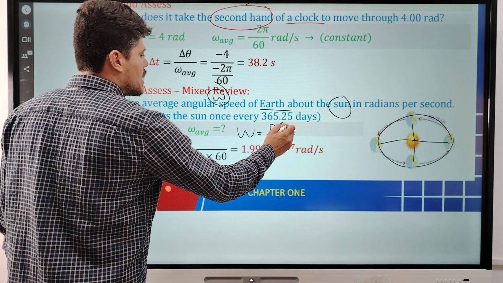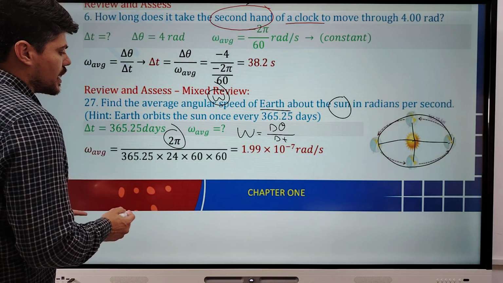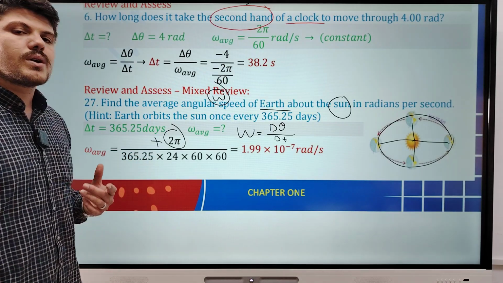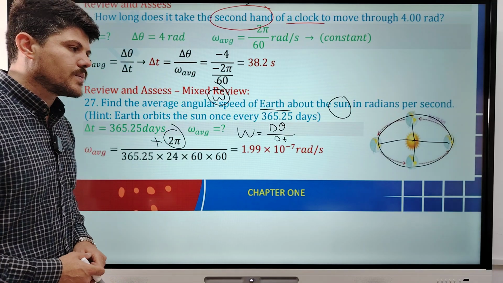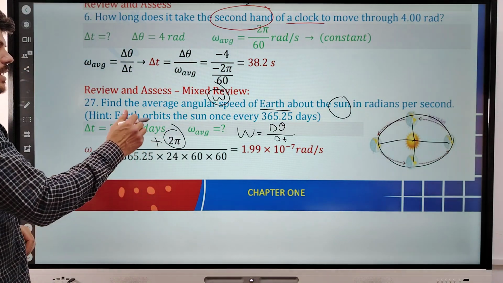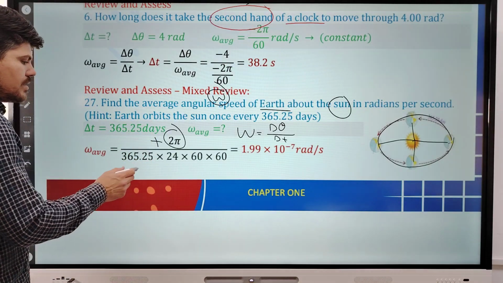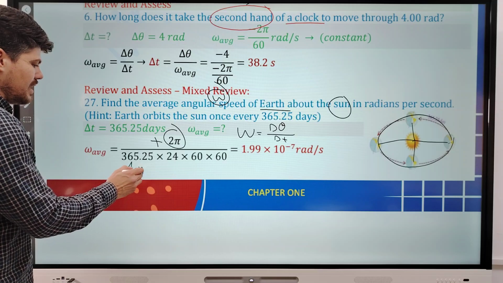Average angular speed is theta divided by time. For one complete cycle, how many rad do we have? 2 pi. Is this 2 pi positive or negative? It is positive, because the Earth orbits the sun in the counterclockwise direction. Divided by delta t, which takes 365.25 days.